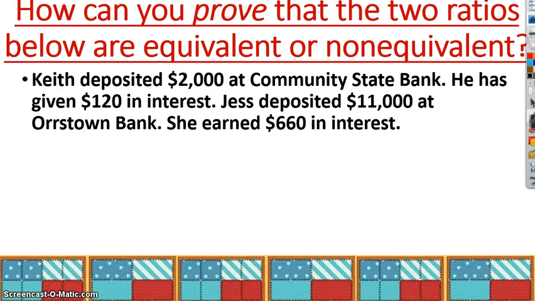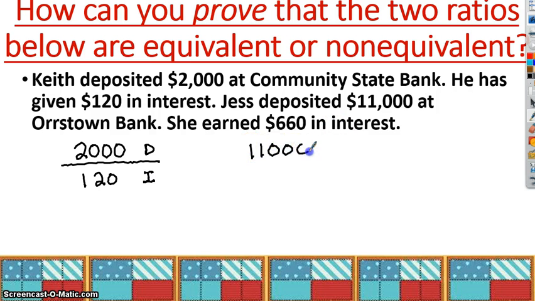Let's look at a banking application. So Keith made a $2,000 deposit, and he has been given $120 in interest. Jess deposited $11,000, so she deposited more money, and she got $660 in interest.